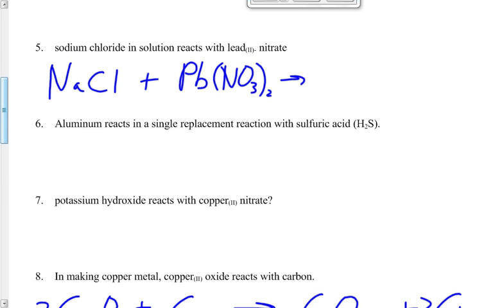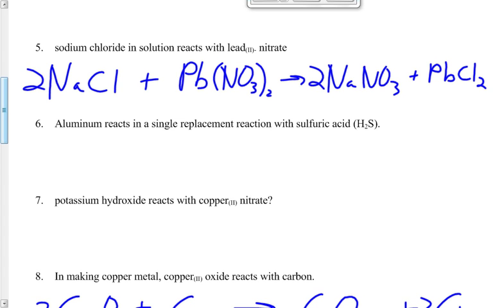So we've got a double replacement reaction where sodium will end up with nitrate, -1 and +1, so that one's okay, and lead 2 chloride, PbCl2. Then we have to balance, so a 2 there to balance the nitrates and a 2 there to balance the sodiums, and there's a 2 on the other side with the chlorines, so we're good.